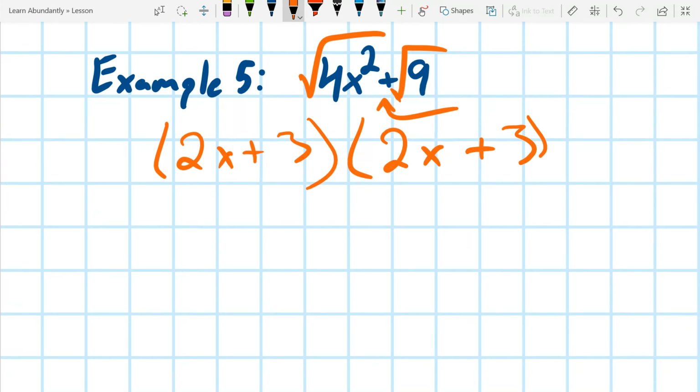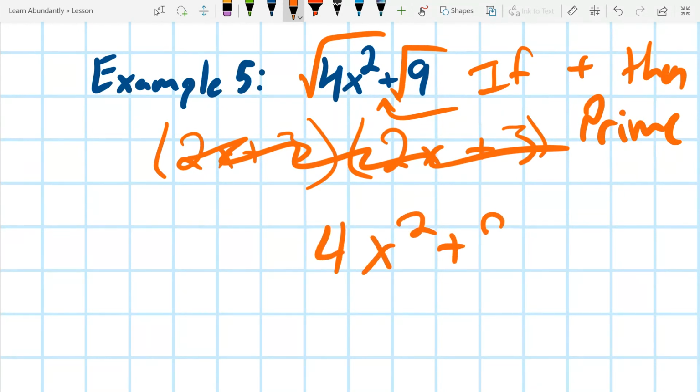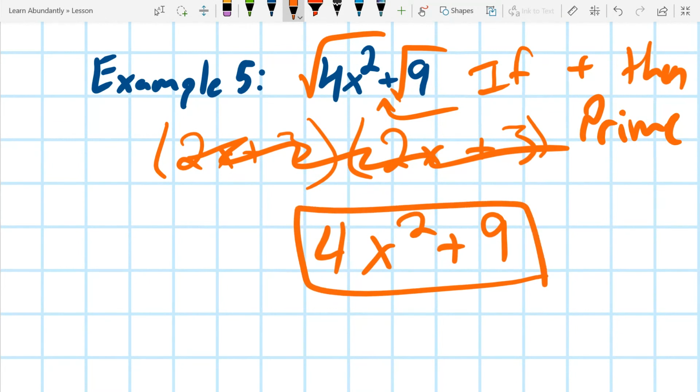So actually, if it is a plus, then it is prime. In other words, there is no factoring to be done. The answer is what we started with. We can't factor that at all. That's it. Today we learned how to factor difference of squares.